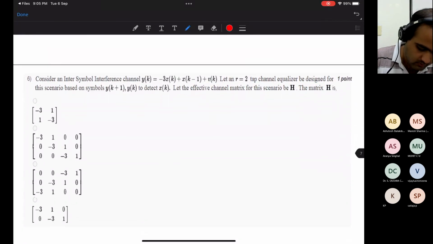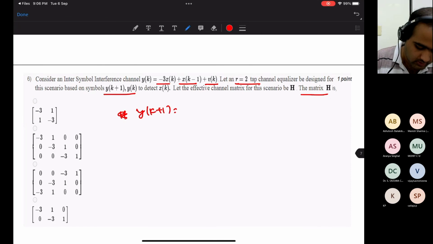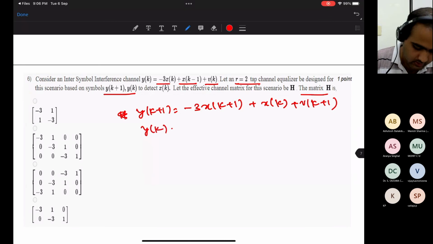Right, so now we have a different signal model. So we have -3 xk, xk minus 1 and vk. We have again a two tap equalizer with yk plus 1 and yk. All right, what is my h? So let's again do it. yk plus 1 is -3 xk plus 1 plus xk plus vk plus 1. yk is -3 xk plus xk minus 1 plus vk.